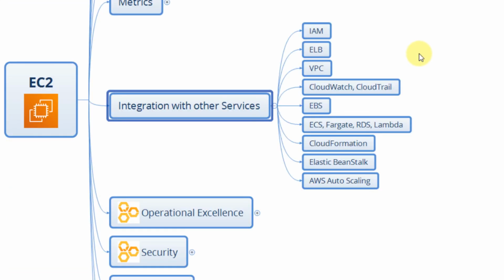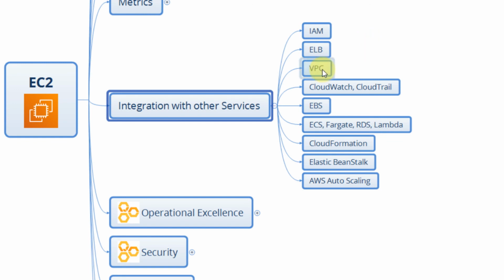In terms of integration with other services, as I mentioned, EC2 is sort of the brains of the AWS cloud, and it is integrated with many services. Some of the services even use EC2 behind the scenes. For Identity and Access Management, you need to set up permission policies for EC2 usage and APIs. ELB routes traffic to EC2 instances and is integrated closely with auto scaling.